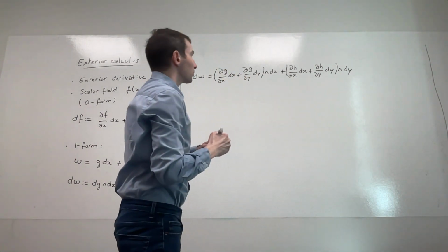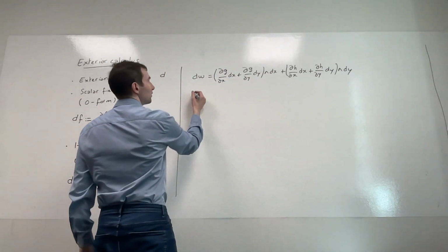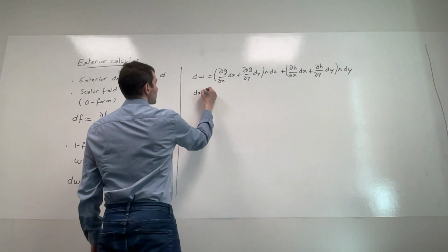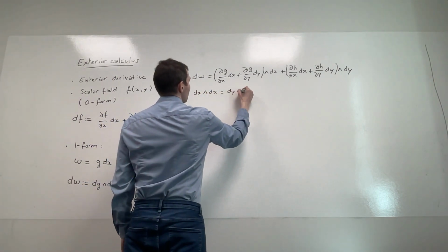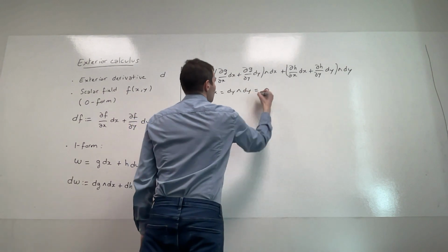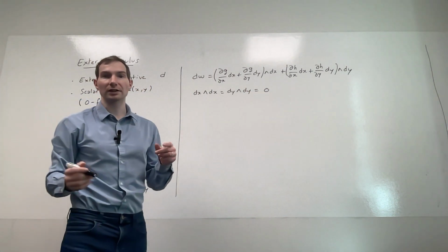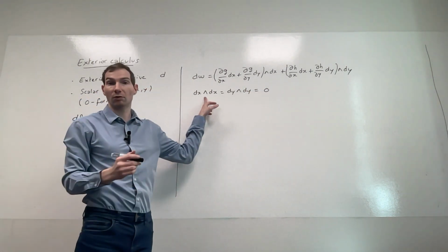Now please remember that we've seen before that dx wedge dx equals dy wedge dy equals 0, due to the property of the exterior product, the wedge product.